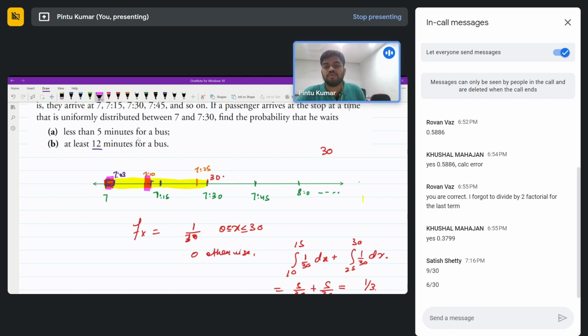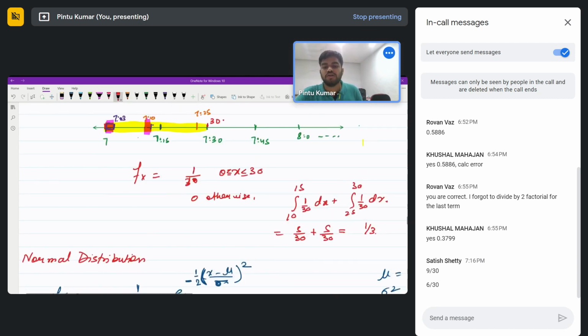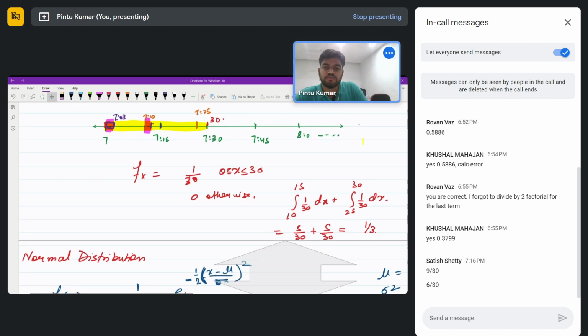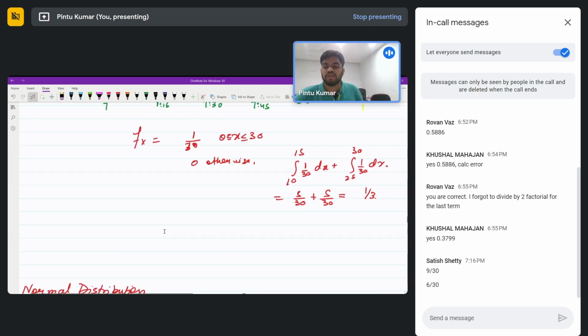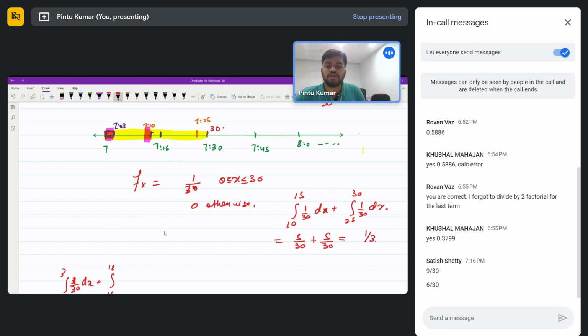Okay. So this would be nothing but integration from 0 to 3, 1 by 30 dx, and then from 15 to 18. Sorry, not this portion, this is 7:10, sorry, this is my 7:15.